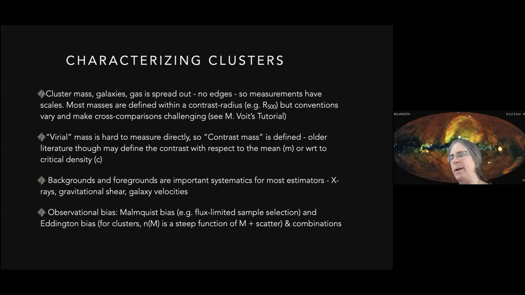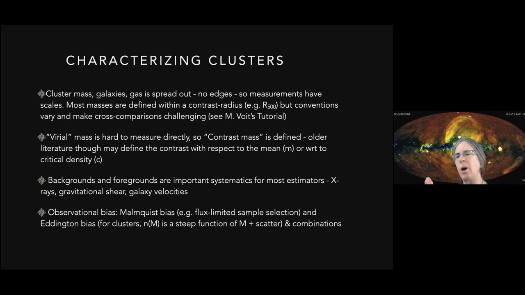And another one, which is particularly important, I think, for clusters and mass measurements, is a bias that's called Eddington bias. Eddington bias is a shorthand jargon term for the bias that you get when the underlying population is deeply dependent on the parameter you're trying to measure.